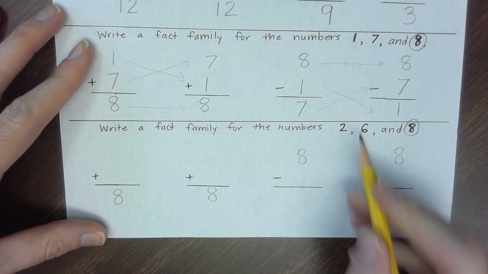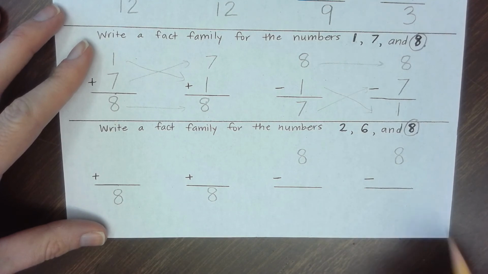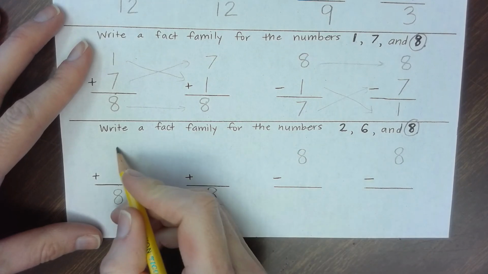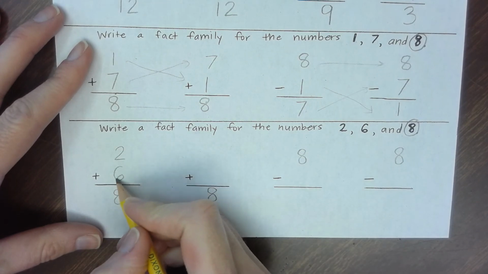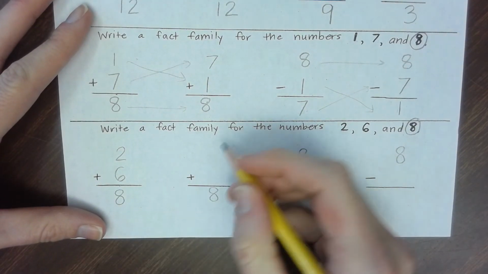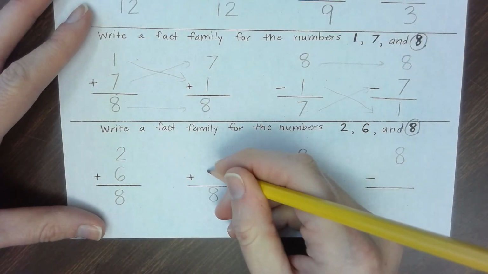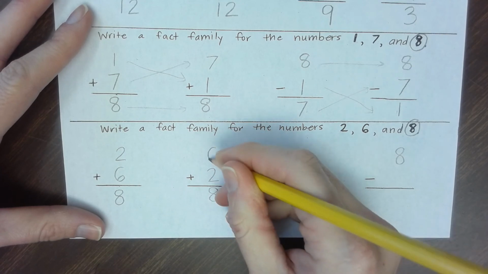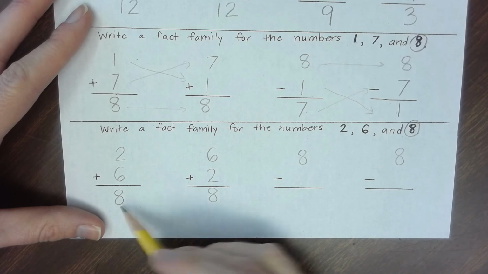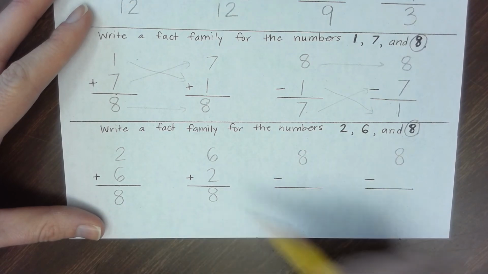Now we get to play around with the other two numbers, 2 and 6. So we could say 2 plus 6 equals 8. And if we flip those addends, instead of 2 being on top, we'll put 2 on the bottom and 6 above it. 6 plus 2 equals 8.